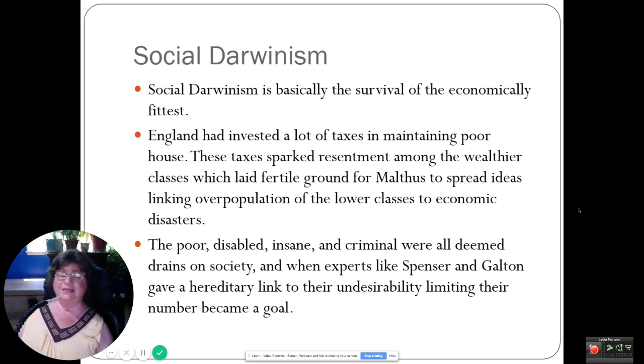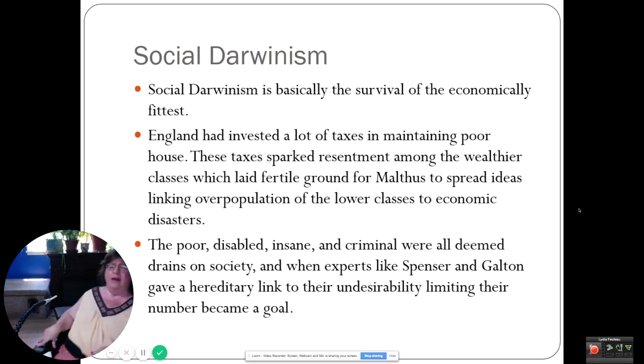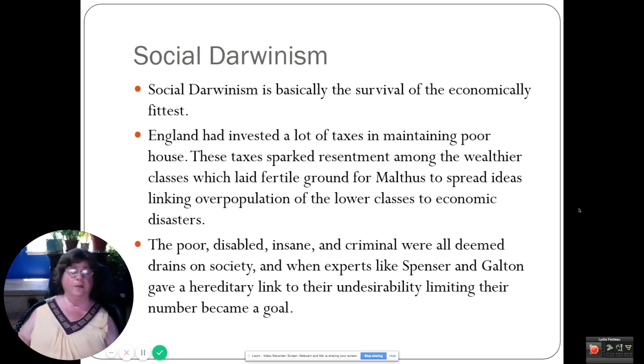So these taxes sparked resentment among the wealthier classes, which laid fertile ground for Malthus' ideas of these parasites to spread, linking population of the lower classes to economic disasters.